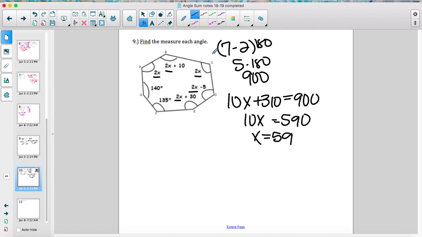And so if we work our way around this shape, 2x, so the value of A is going to be 2 times 59, which is 118 degrees. Also the same thing over here at angle C with 118 degrees. My degree symbol is pretty large there compared to the 8. Let me just update that a little bit.